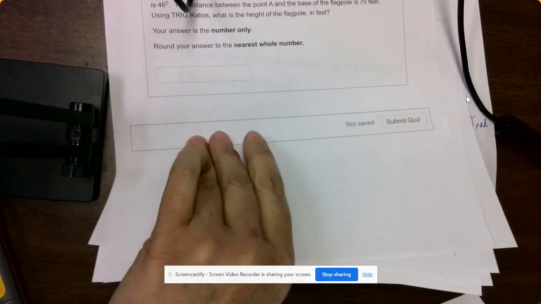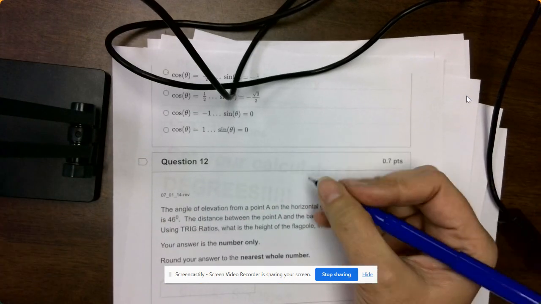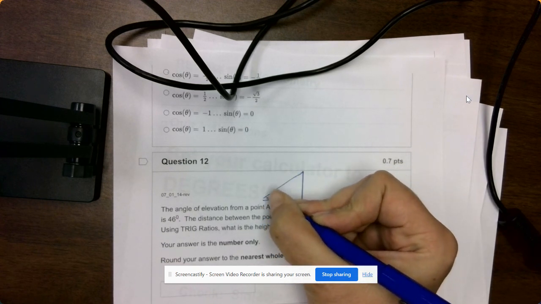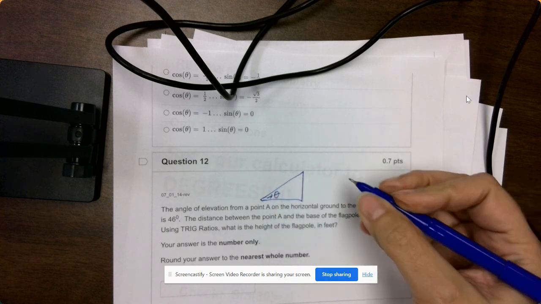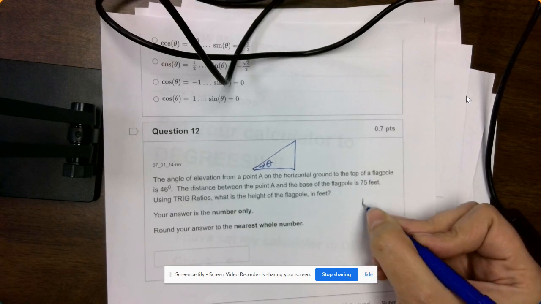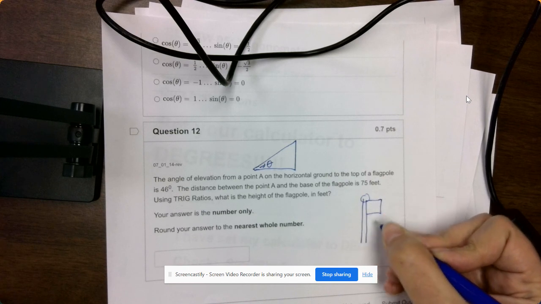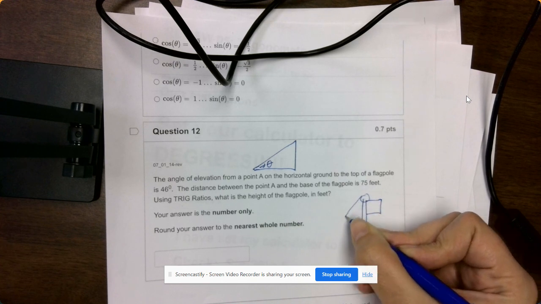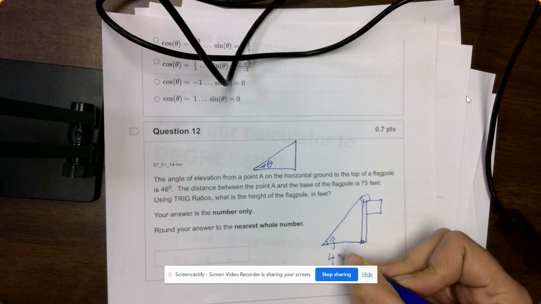Okay, angle of elevation. Ooh, I like that whenever that word comes. Angle of elevation, everybody, that's going to be up from the line of sight. So remember, everybody, we're going to have that angle going up from the line of sight. Okay, so from point A on the ground, right here, to the top of the flagpole, and that angle is 46 degrees.